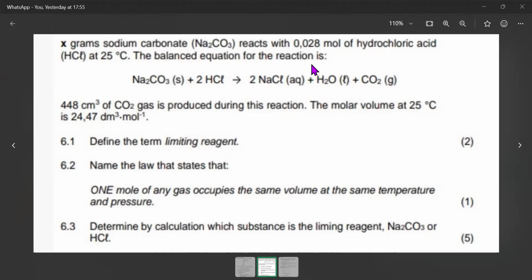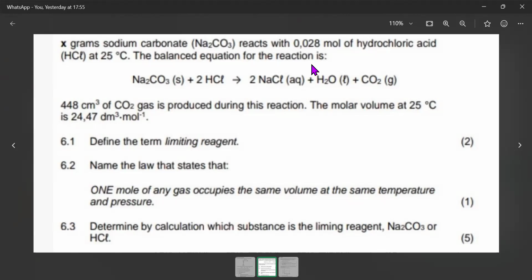Now here they say 448 cubic centimeters of carbon dioxide gas is produced during this reaction. The molar volume at 25 degrees Celsius is 24.47 cubic decimeters per mole.